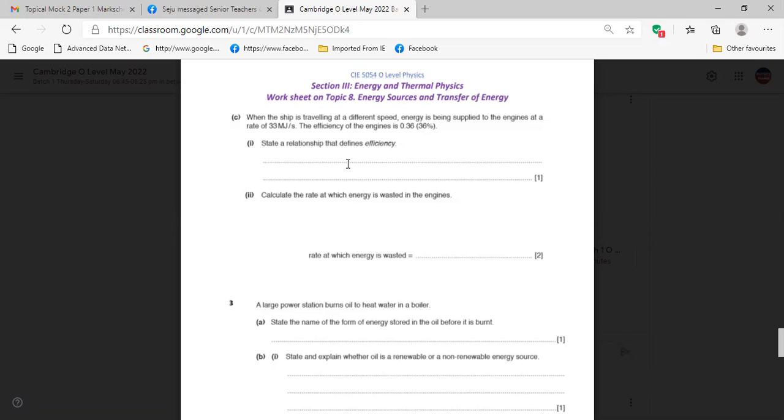Is it clear? So if you get 33 megajoule per second, that is giving you the input, because they are saying energy is being supplied to the engines. So it is input. Then you multiply 0.36 with this input to get the output. After getting the output, you subtract it from this, then you will get the wasted energy.